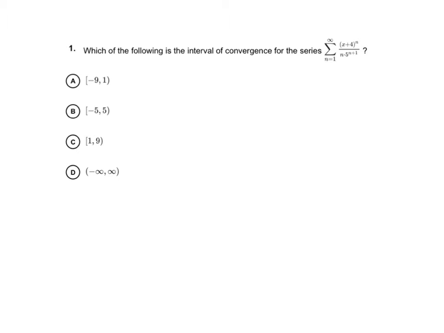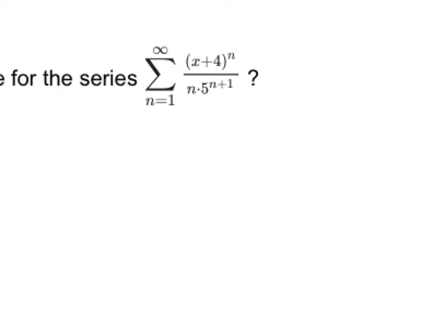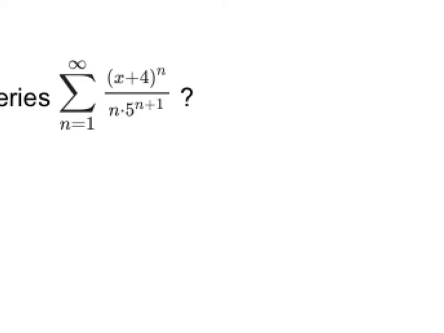not a geometric series, so we'll have to do ratio test. And I'm going to kind of rewrite this. So we'll say this is, okay, the 5 to the n plus 1, you could rewrite this, the 5 to the n plus 1 is 5 times 5 to the n, and then the x plus 4 to the n and the 5 to the n, you can combine those into like a fraction.